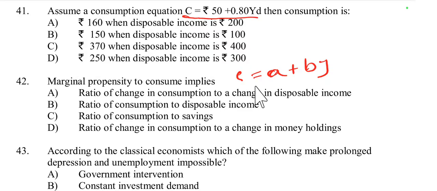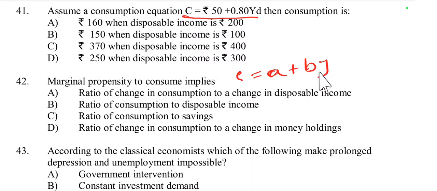So here C is equal to A plus BY form. Here we have to find out the consumption. These are the options given, so we have to put all the values one by one, then check whether the value correctly indicates the answer. Like 160: when consumption is 160, disposable income is 200.